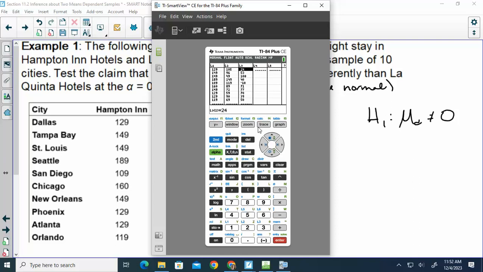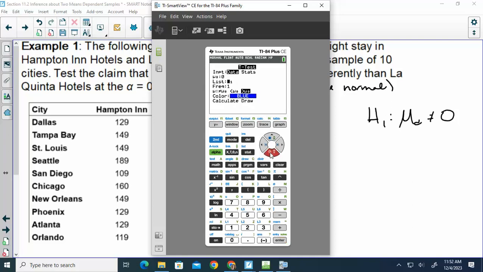Now this is just like any other test for the mean. So if we go into stat tests, when we were talking about the mean, which test did we do? 2, the t-test. Okay, we want to base this off data. The mean of the null is 0.